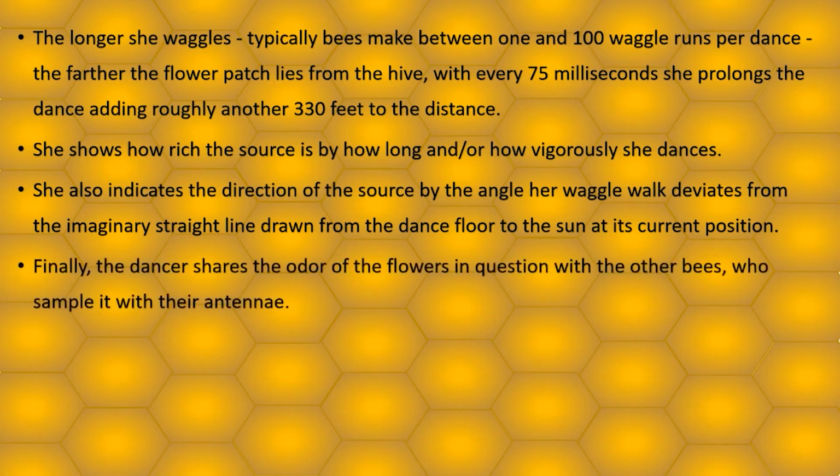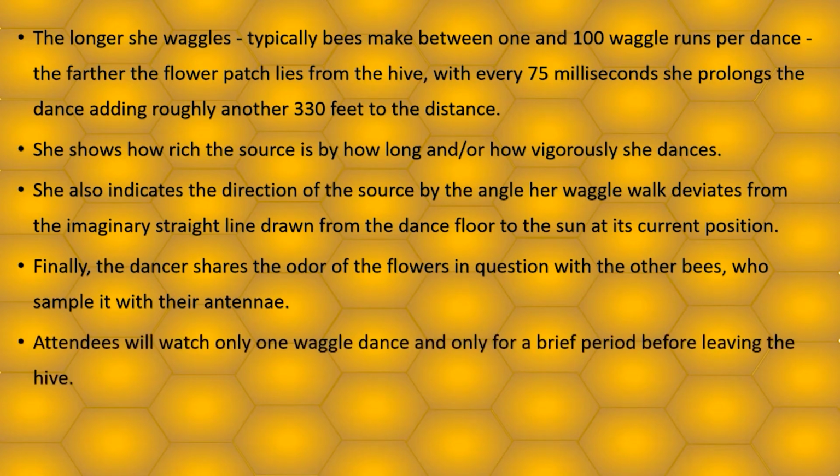Finally, the dancer shares the odor of the flower in question with the other bees, who sample it with their antennae. Attendees will watch only one waggle dance and only for a brief period before leaving the hive.